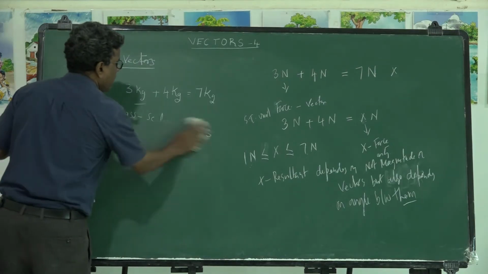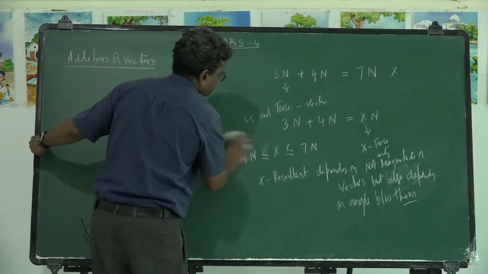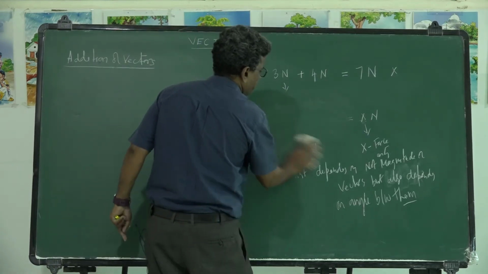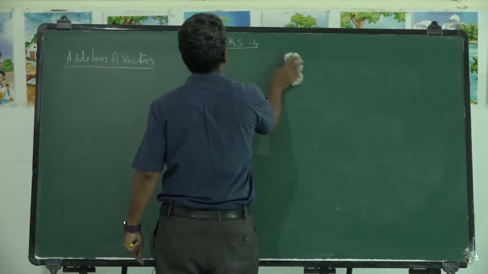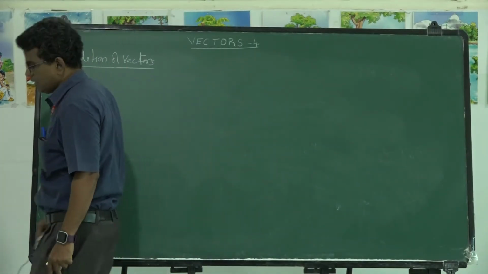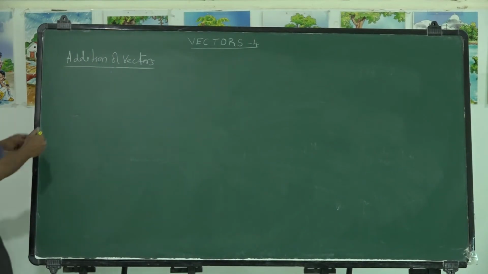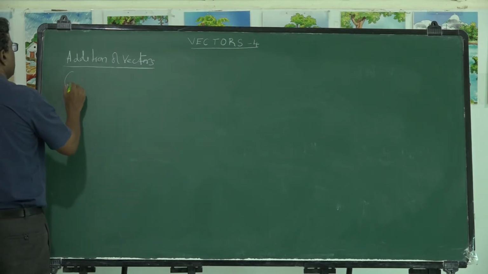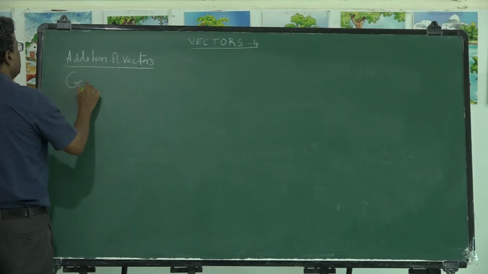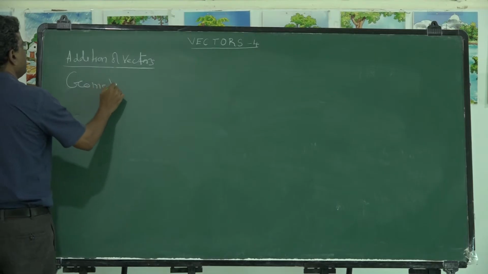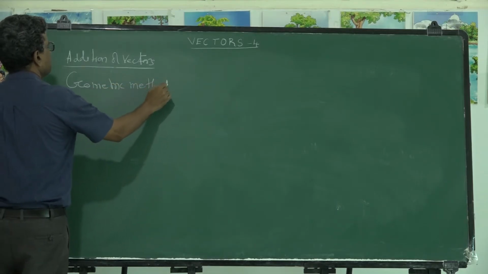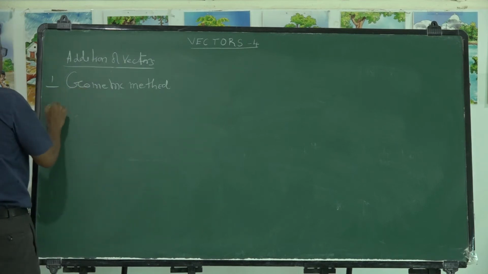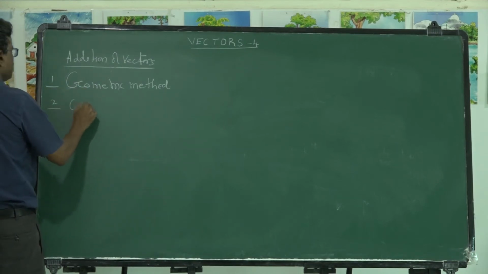Let us see how we add these vectors. For this addition, we have different methods. The first one is the geometric method. The second one is the components method.